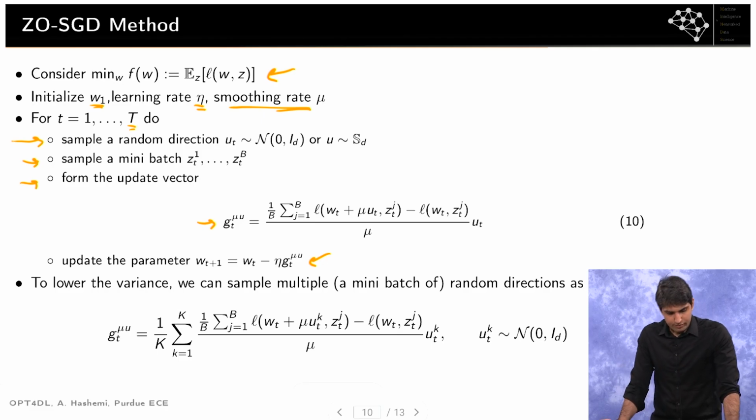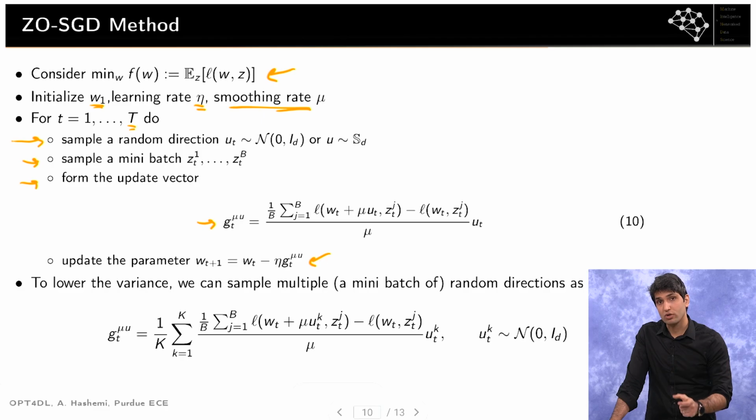So this is called the zero-order SGD method, right? So it is almost identical to SGD, except that instead of using a stochastic gradient, we use the zero-order estimation of the stochastic gradient to update our parameter.